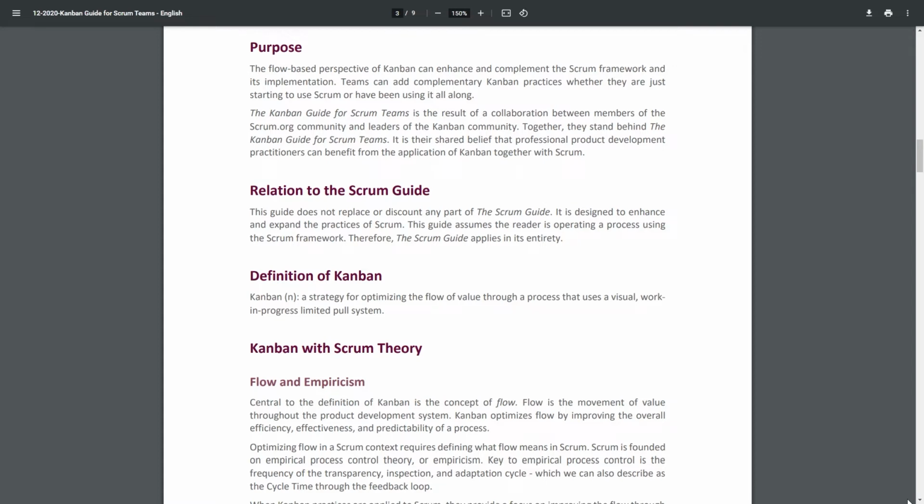Kanban with Scrum Theory. Flow and Empiricism. Central to the definition of Kanban is the concept of flow. Flow is the movement of value throughout the product development system. Kanban optimizes flow by improving the overall efficiency, effectiveness, and predictability of a process. Optimizing flow in a Scrum context requires defining what flow means in Scrum. Scrum is founded on empirical process control theory, or empiricism.